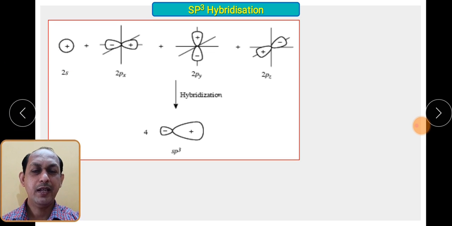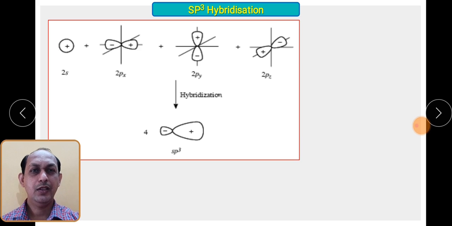So basically what happened: the 2s orbital has a spherical shape, and the p orbitals are px, py and pz. These are the three orbitals. So the 1s and 3p orbitals, px, py, pz, combine and form the new sp3 hybridized orbital, which has a shape like this, where one of the lobes is bigger in size and the other lobe is small, that is, it is shrunk.